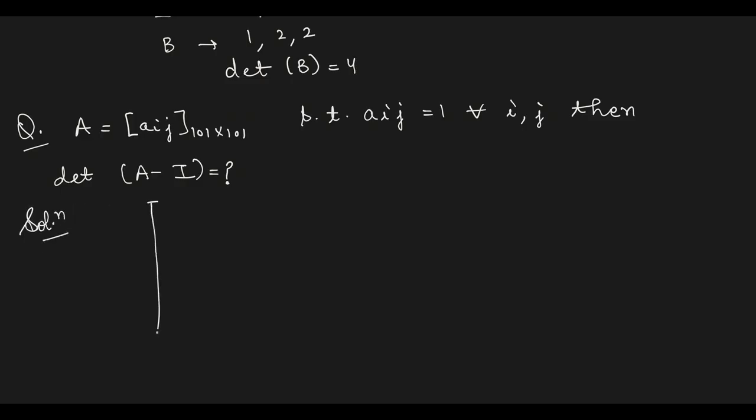Firstly, A is a 101 cross 101 matrix. All the entries are 1. What is its rank?